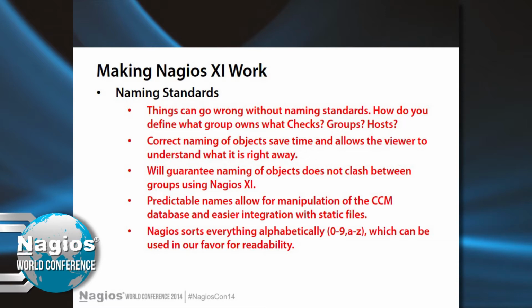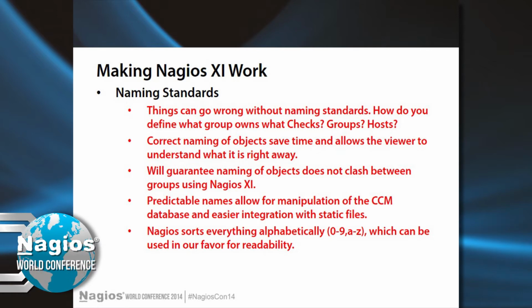Having naming standards has a bunch of benefits. One of them is that it's going to save you a lot of time. It's going to allow you to look at a configuration file, look at a service check, and be like, oh, this group owns this service check, it does this, and if I have any questions, I know who to go to for this.